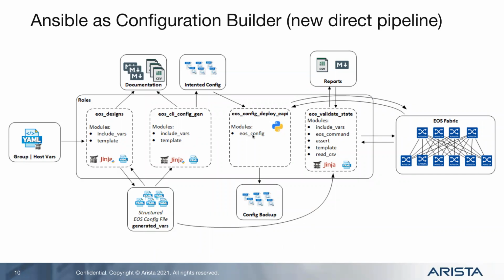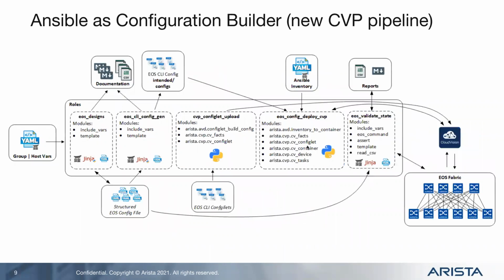That's going to use the EOS config module you might have seen yesterday as a part of a task to do that. Even with that, we can still do the same config generation, push it out, and then run reports. So we've given people these modular components via roles that they can use to compose pipelines as needed. And you'll see examples of that in playbooks today in various operations.